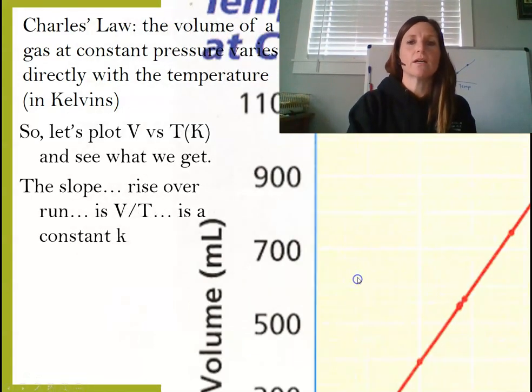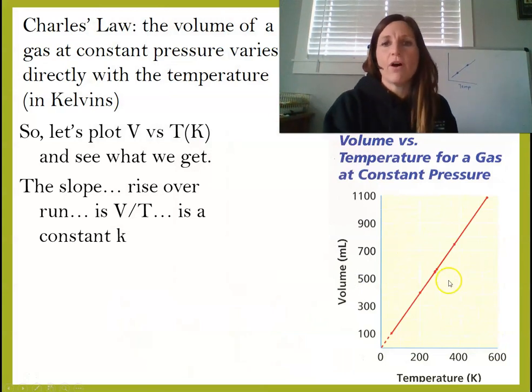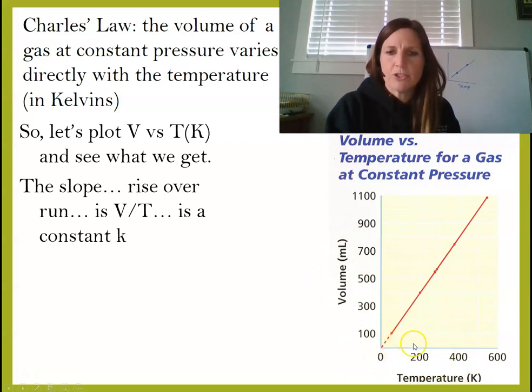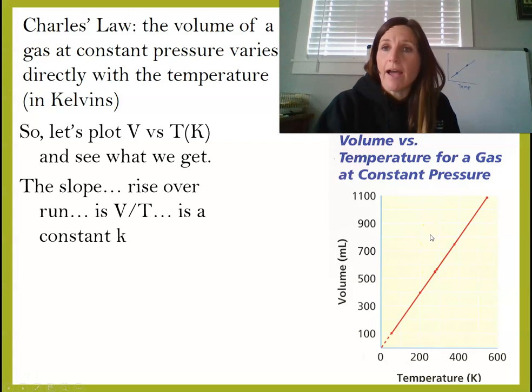So we're going to look at a graph of volume versus temperature for a gas at constant pressure. Over here we have the volume, and down here we have the temperature. And what we see is that as the temperature rises, the volume also rises. So we get a straight line.